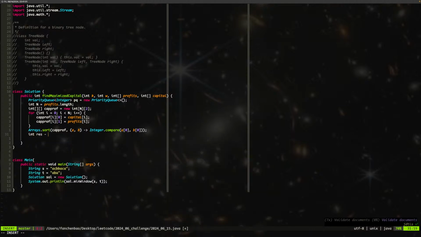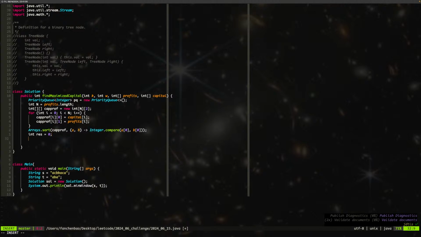Each time, if it's smaller than the current w, we will put it in the priority queue. Once the current one is bigger, then we check and get it out.